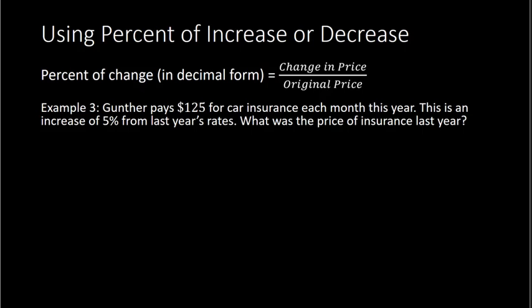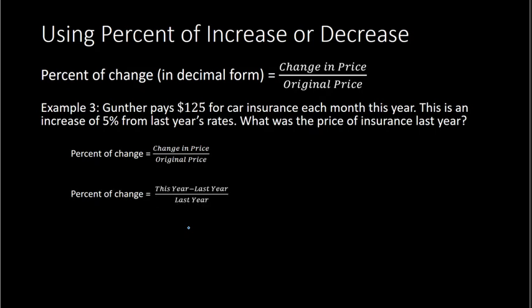So I can use my little formula where I have the percent of change equals the change in price divided by the original price. So the change in price would be subtracting this year's rate minus last year's rate. And then the original price was last year's rate. So what I'm trying to find is the price of insurance last year. That is my unknown.